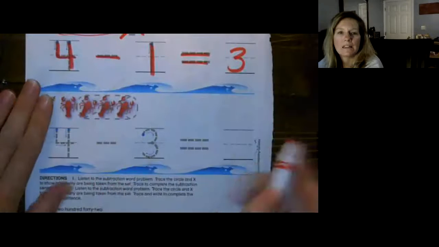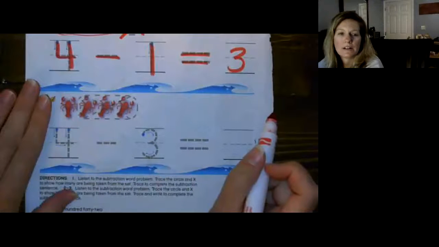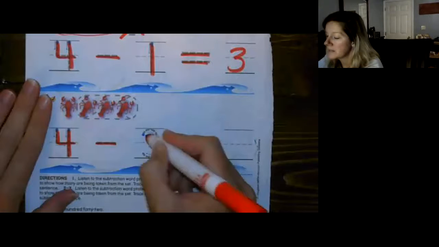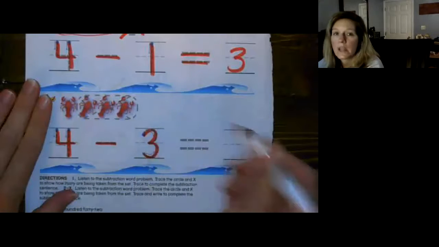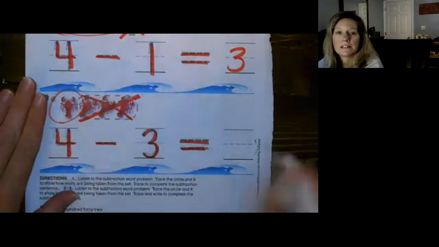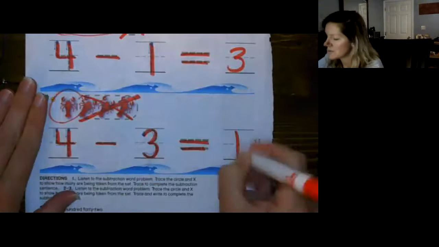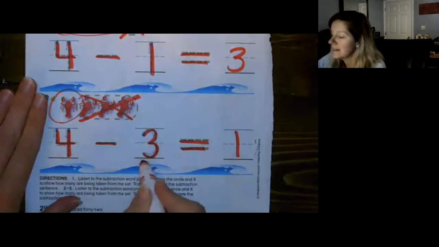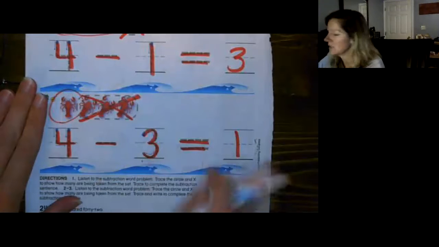How many lobsters are there? 4. There are 4 lobsters. How many do they want us to take away? 3. We're going to take away 3 lobsters. So how many are left? 1. Very good. So read that one. 4 minus 3 equals 1. Very good.